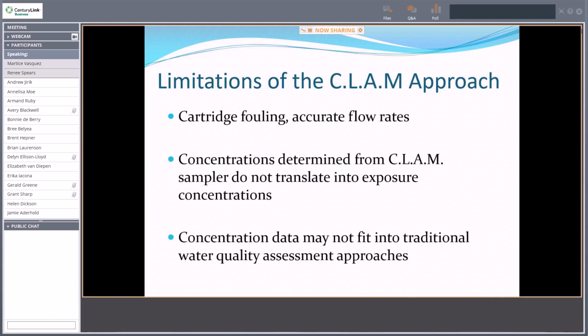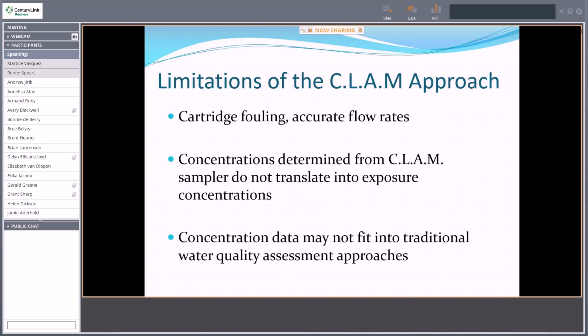Some of the limitations of the CLAM approach: everything's going to have some limitations. It's possible for the cartridge to foul over the deployment period. So let's say you're in turbid waters or there's a lot of sediment. The cartridge itself can plug, and that can be an issue if over your deployment period the flow rate changes because the cartridge is plugging.